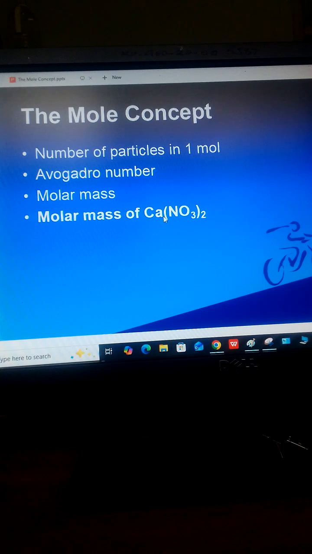So the total is 164.088 grams per mole. So 164.088 grams is the mass of 1 mole of calcium nitrate. We call it the molar mass of calcium nitrate in grams per mole. All right.